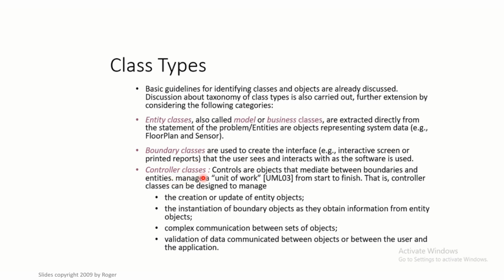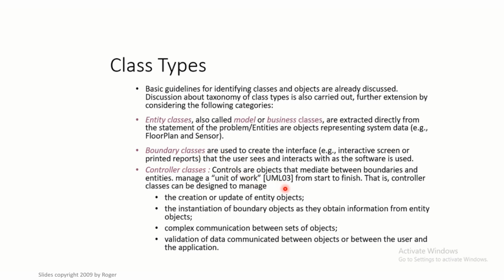Now coming to the control classes, these are the mediators between the boundary classes and the entity classes. You can say control classes act as a messenger, responsible for taking the message from the boundary class and delivering it to the entity class, where the processing is done, and then the final output is shown back to the boundary class.